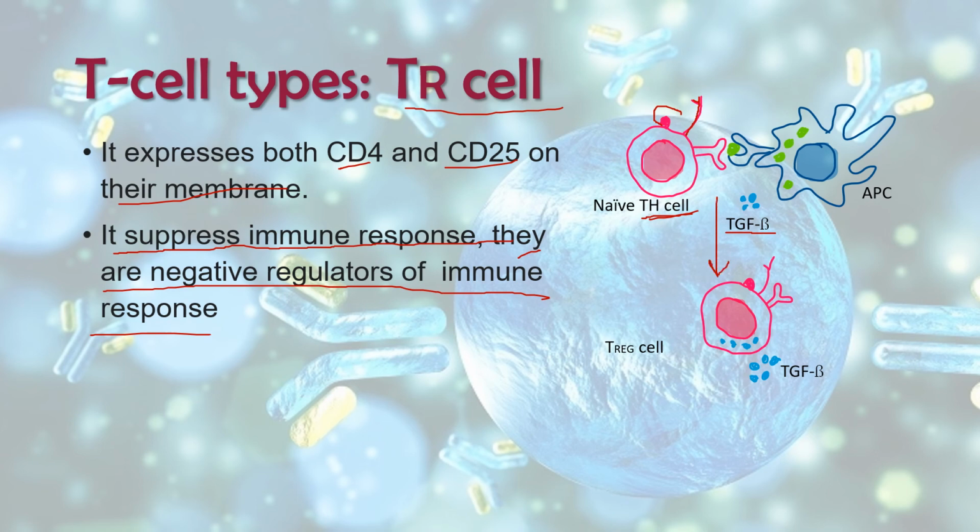Okay. So in the presence of TGF beta, when this naive TH cell interacts with the complex of antigen and MHC, then it will differentiate into T regulatory cell, and it starts producing the same TGF beta cytokines.